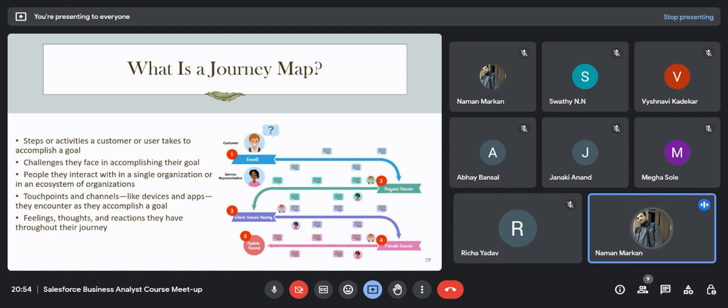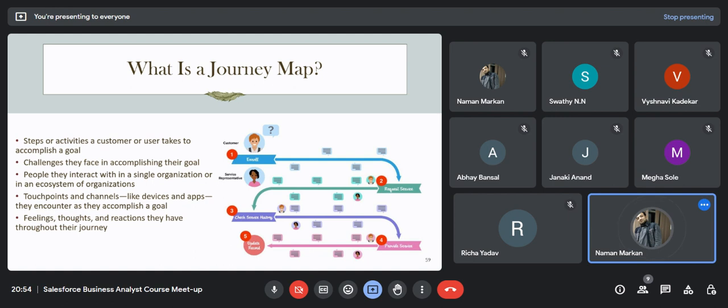Let's suppose we have a certain request and we call the Airtel service center or our mobile service center. They enroll us and raise a ticket based on our queries. The same kind of journey I am talking about in this slide.